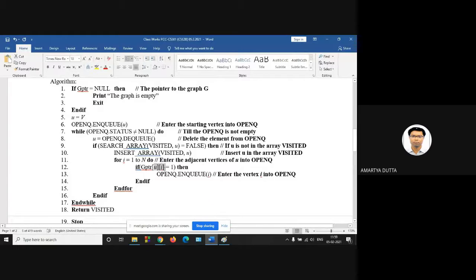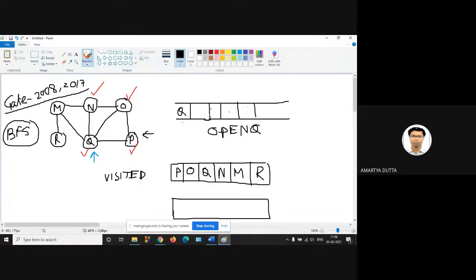That is, if the adjacency entry is 1, then enter that I, then again find out the adjacent of that entered I, and so on. So first Q is entered in the open queue. Write down Q here in the visited vertices.